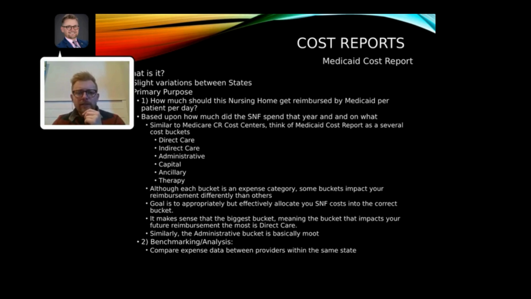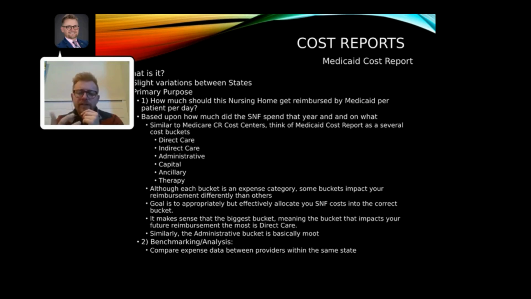It varies a little bit by state, but for the most part, you have these components that make up your Medicaid cost report, and every expense within that nursing home, from paying the administrator to paying the CNAs to buying gloves to buying food, pharmacy, everything has an appropriate allocation on the Medicaid cost report.